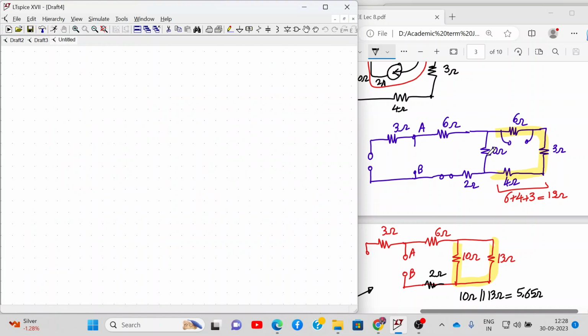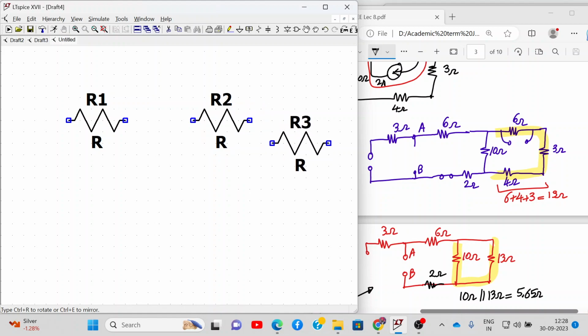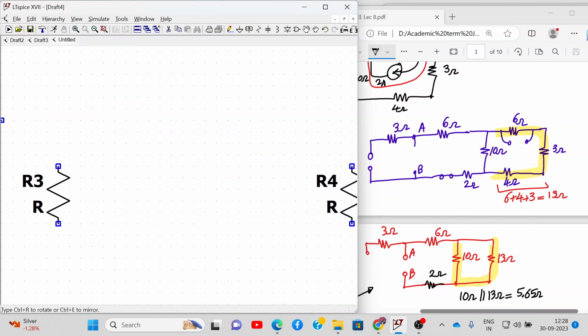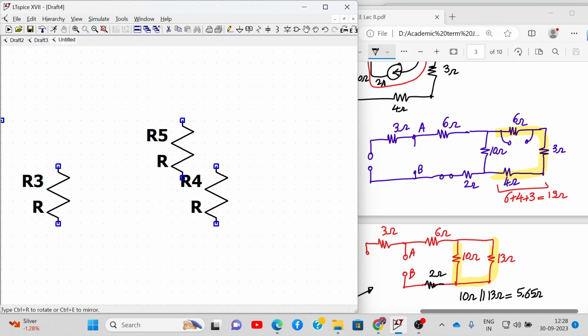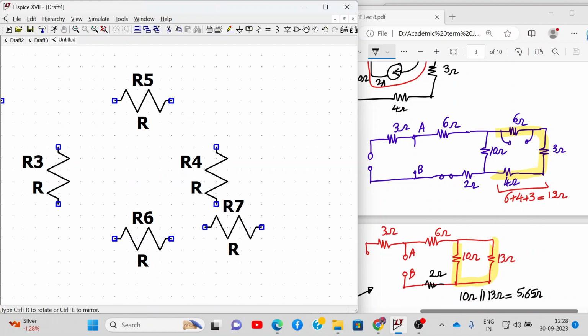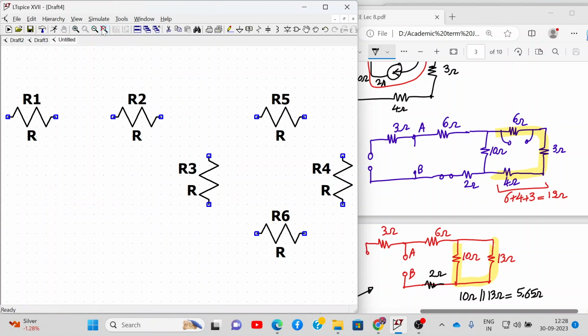So for that I need to connect this network. So let me use all the resistors. I'll rotate it. So this is 1, this is 2, then over here, then we have 1 over here and 2 over here. So these are all the resistors. Let me connect them together quickly.